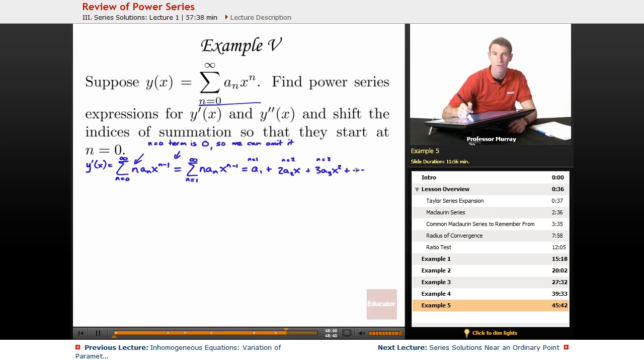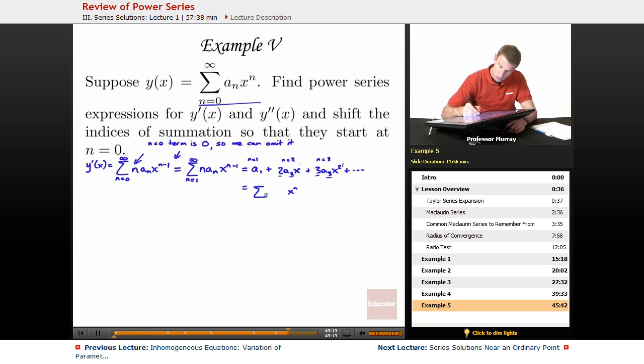And now I'm going to forget the old version of the sigma form and just look at these terms. If I want to write it in sigma form now, and I want to write it so that there's an x to the n there, what I notice is that these coefficients, these numbers on the coefficients, are one higher than the power of x. So here I've got 3a sub 3 x squared. So the coefficients are one power lower.